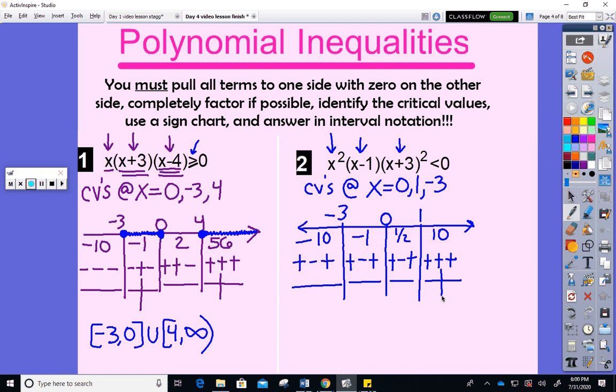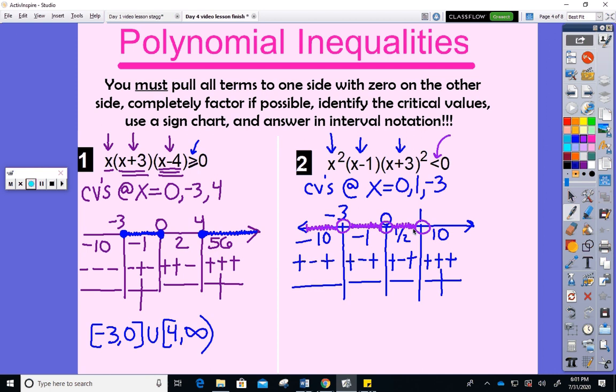Now, the next thing I notice is that it's less than 0, not less than or equal to 0. So the first thing I'm going to do is use open circles. I also notice that less than 0 means negative, so negative results. Well, when I look at the number line, I see 3 different intervals, so I need to make sure that I've got 3 different intervals accounted for.